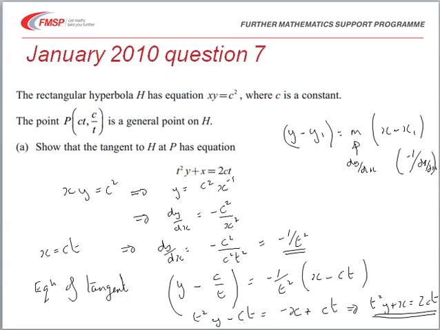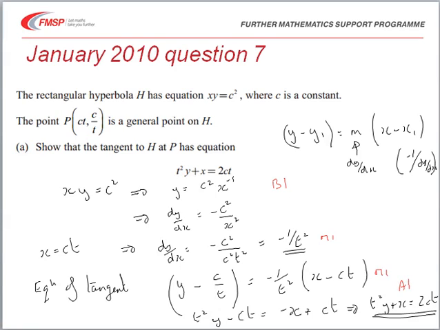The mark allocation for that, there are 4 marks for this part of the question. There's a B1 mark for getting to dy by dx is negative c squared over x squared, and then M1 for calculating the gradient correctly at the given point, and then M1 and A1 for finally getting to the given solution.